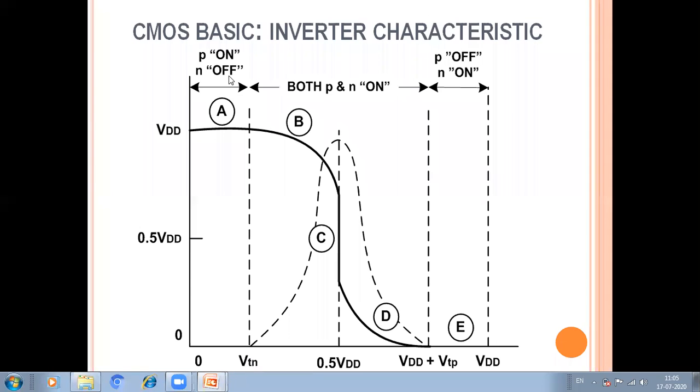The drain current in the NMOS transistor is 0, and the P device is in the linear region.